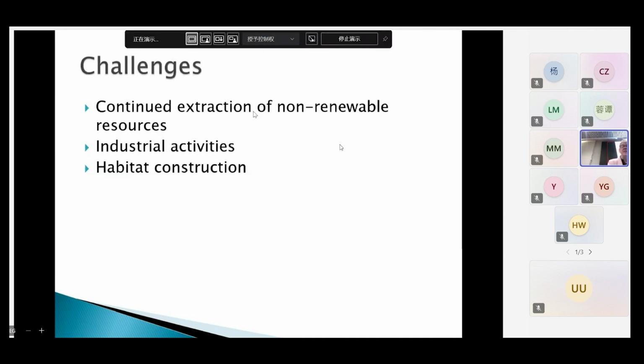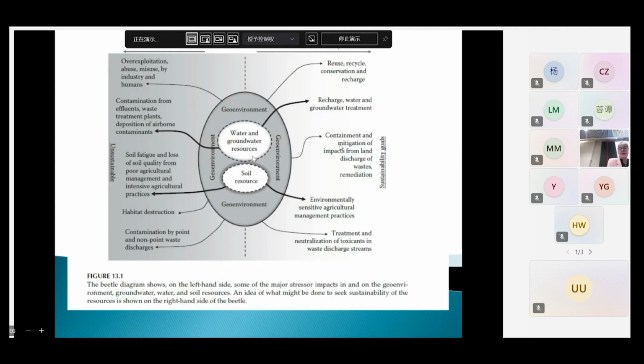Various activities, of course, generate various contaminants, and we want good places that are safe to construct habitats for humans. You want to preserve the geoenvironment, both the water and groundwater sources, and the soil as well, because you also want to make sure that the habitat is protected for the animals and ensure the biodiversity in the area as well.